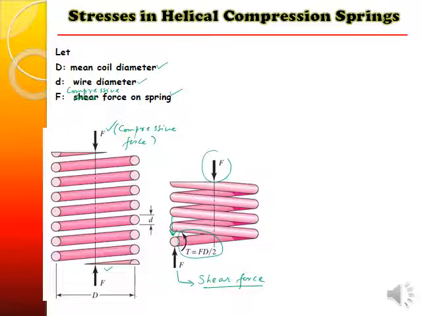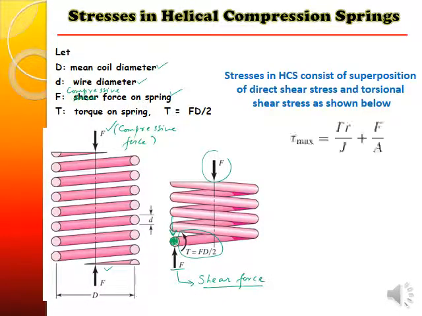Now what will happen? There will be a shear stress as a result of this shear force, and there will be another shear stress because of this torque. So there are two shear stresses that will appear on this spring. What are those two shear stresses?